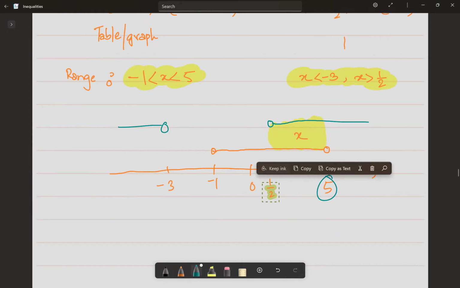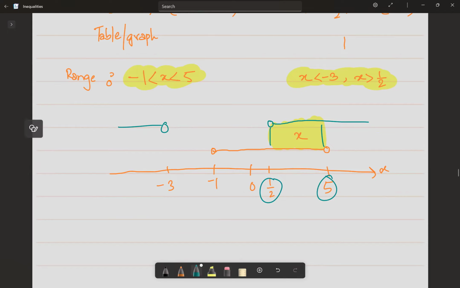These two points are the points in between which our value of x lies. So x is in between half and 5. That means x should be more than half because x is on the right side of half. And if we take 5, then x is on the left side of 5, so x is less than 5. So we give this sign.